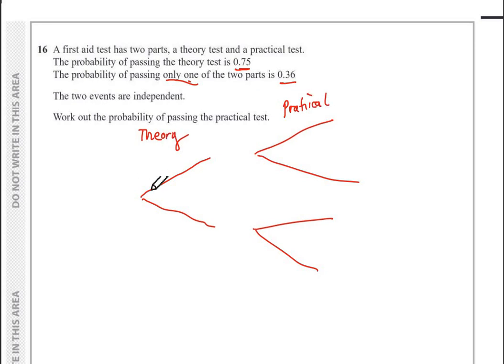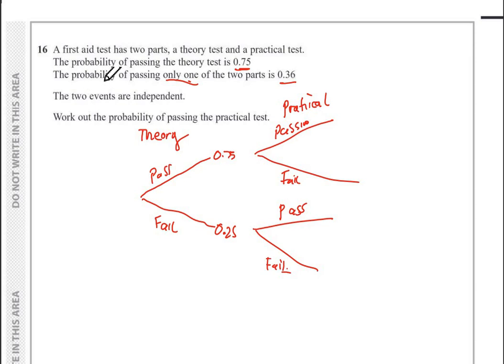And we're told that the probability of passing the theory test is 0.75, which means the probability of failing it is 0.25.